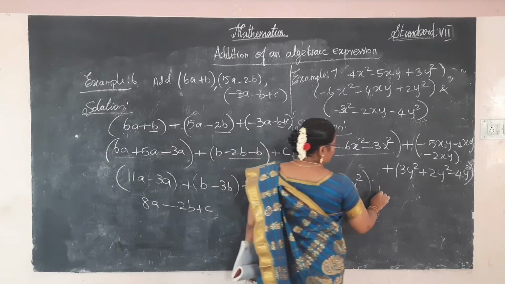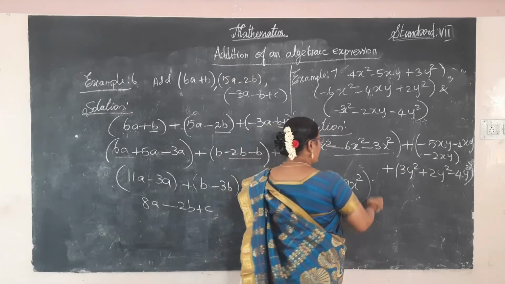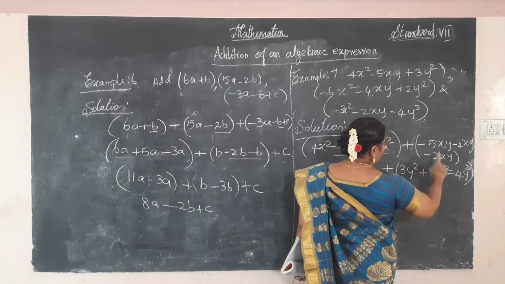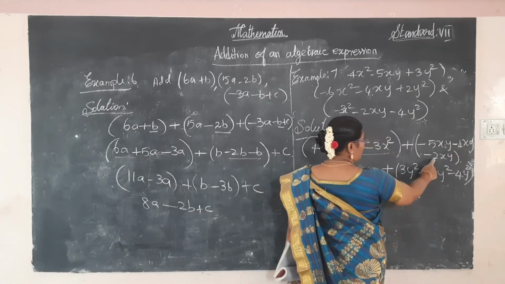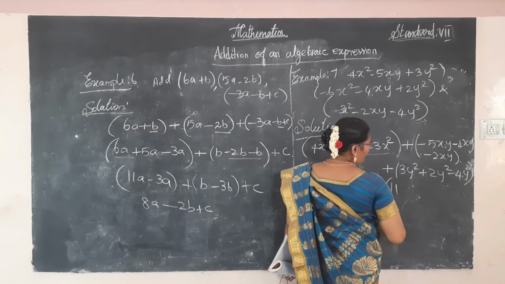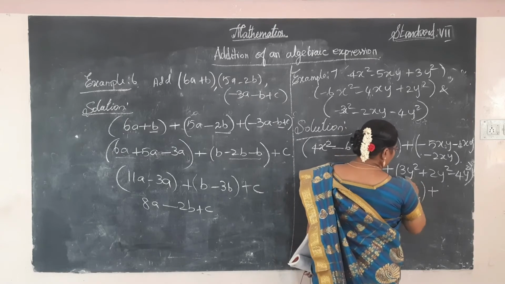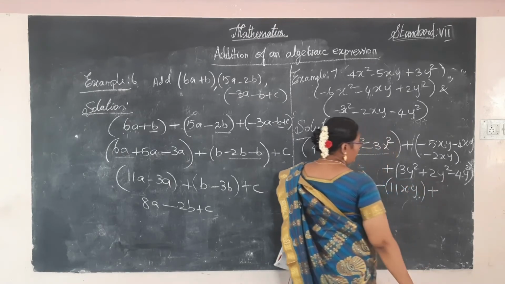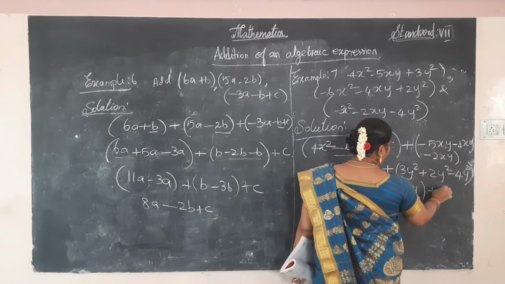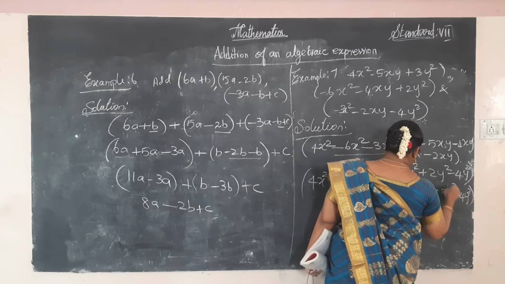Plus here three terms having the negative sign, take outside. Add these three values: 5 plus 4 is 9, 9 plus 2 is 11, so 11xy. Plus here these two terms have the same sign, so 3 plus 2 is 5, 5y squared minus 4y squared.